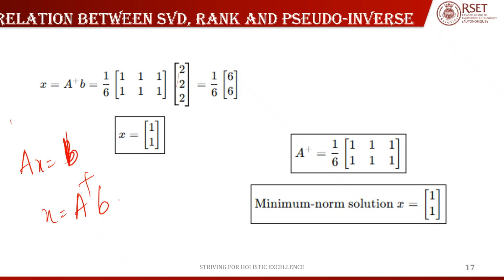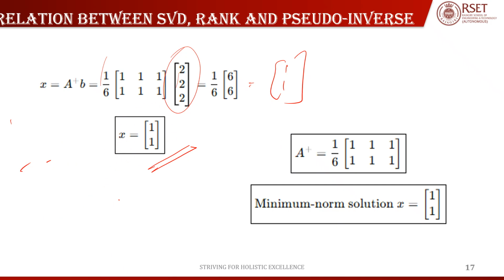So we have the pseudo inverse of A and we have your b, and when we multiply, this is equal to 1 by 6 into 6 by 6, which is 1 1, right? So this will be a minimum norm solution, which is 1 1. So your pseudo inverse is given by this particular matrix, and your minimum norm solution is given by 1 1. So this should be your conclusion, and I hope the question and the answer are clear.